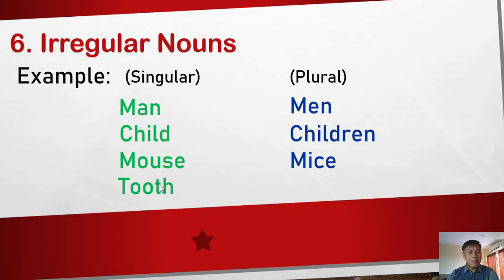Another example, tooth. The plural form becomes teeth. Next is foot. The plural form becomes feet. So these are what we call irregular nouns.